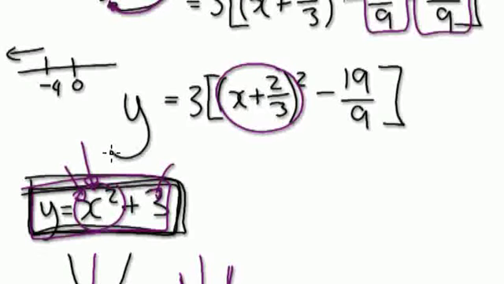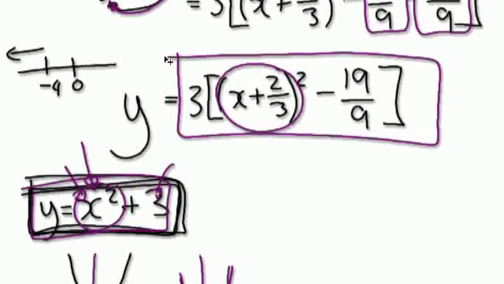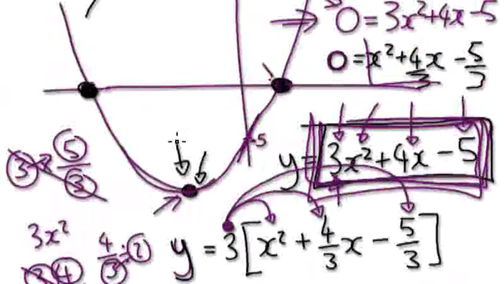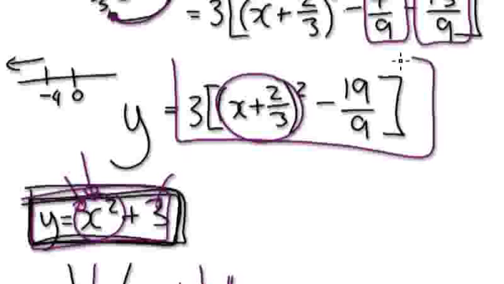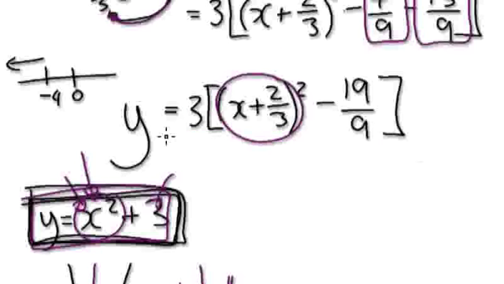Okay, so now going back to here, if you want to make this whole thing the lowest point, because we are interested in the lowest point here, given this thing here, what is the lowest possible value that y could be? Well, the lowest possible value is when this thing here is 0. So make this whole term here 0.